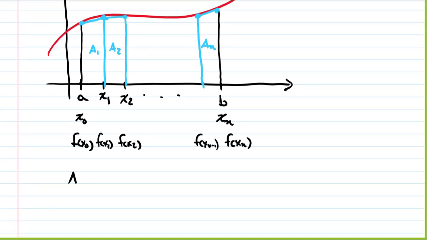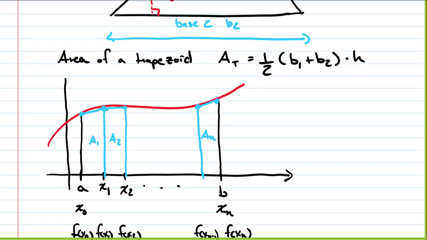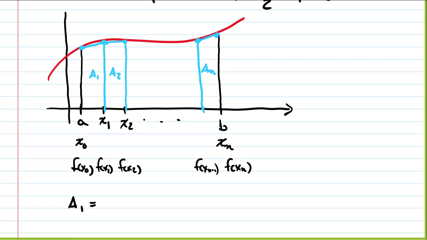So then A1, according to our formula for a trapezoid, is 1/2 base 1 plus base 2 times our height. So we're going to have to turn this around a little bit. I'm going to call this base 1, and I'm going to call this side base 2, and my height is going to be the distance between those parallel sides, right?